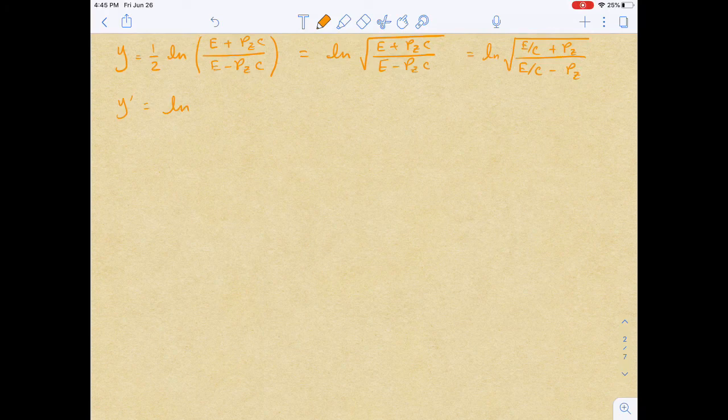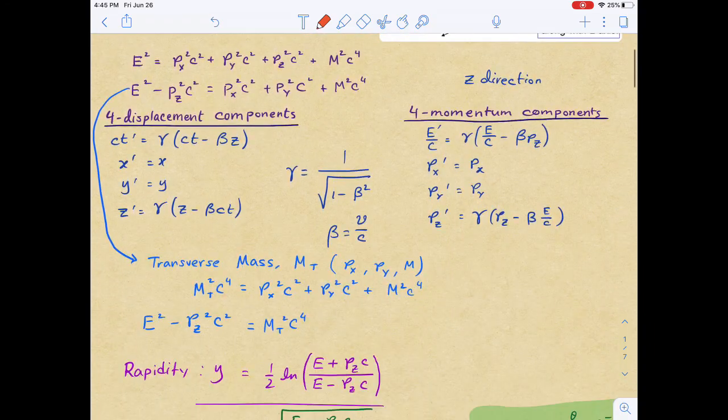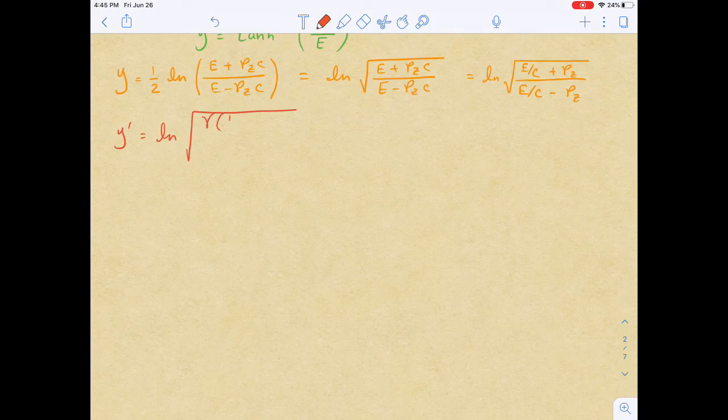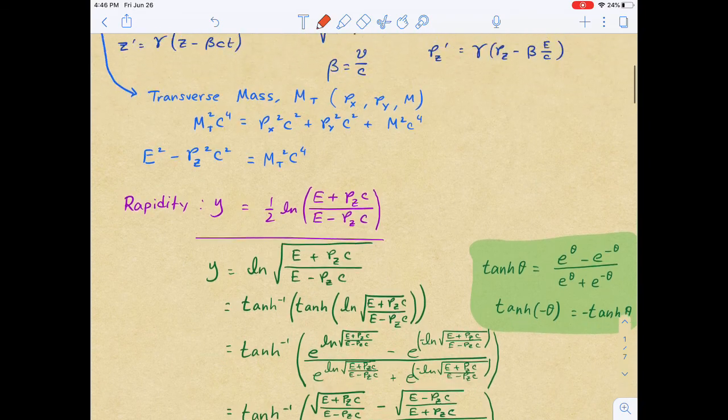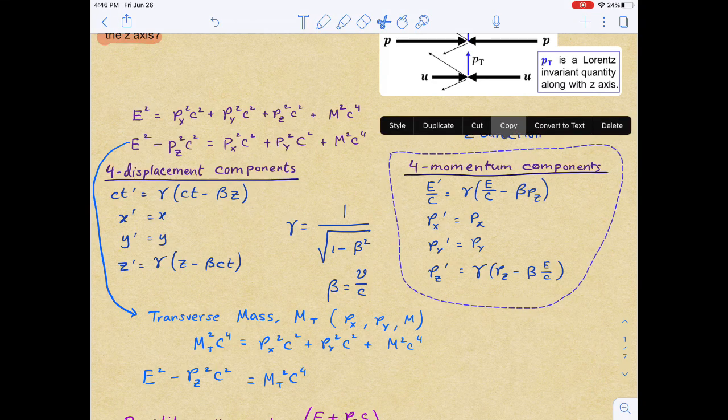So now we're going to go back to the y prime, and I'll use this coral color. Y prime is equal to natural log of square root of, now we need to look at the e divided by c function here. So e divided by c prime will be gamma times e divided by c minus, let me just copy this, which will make life much easier.